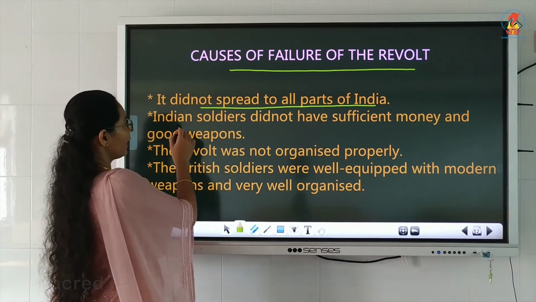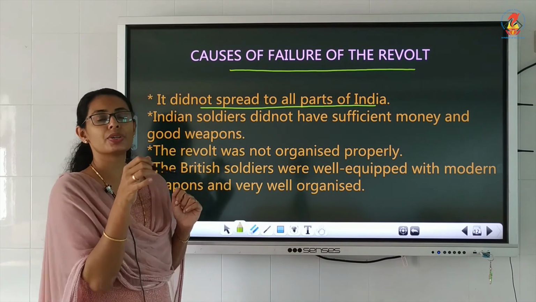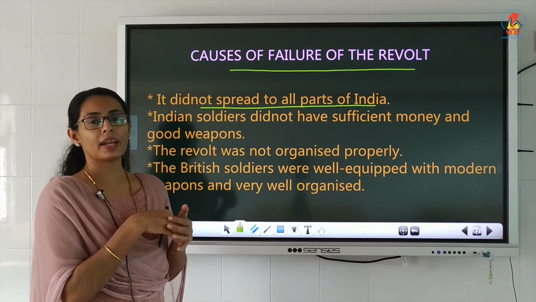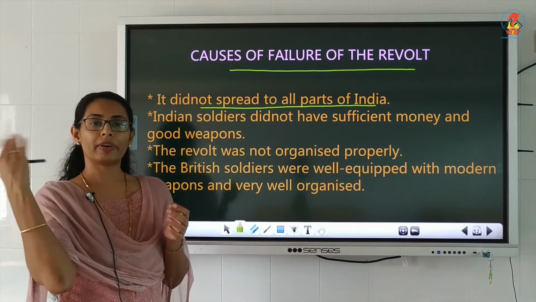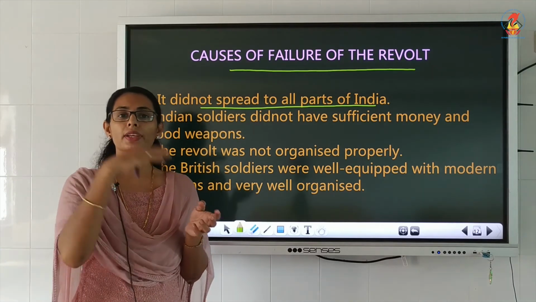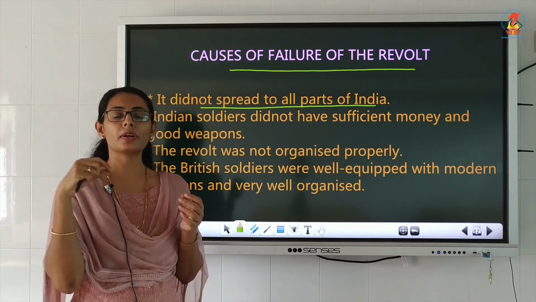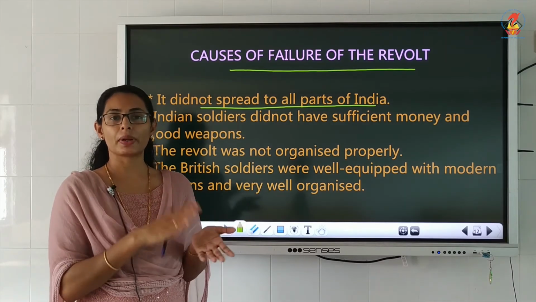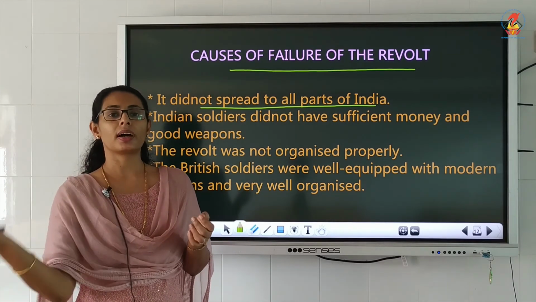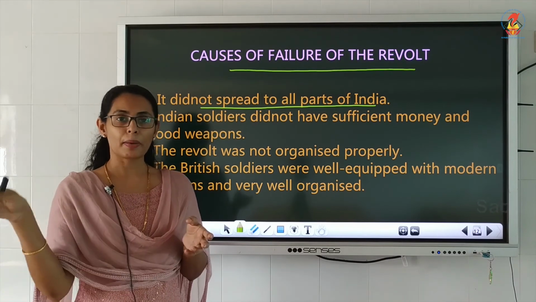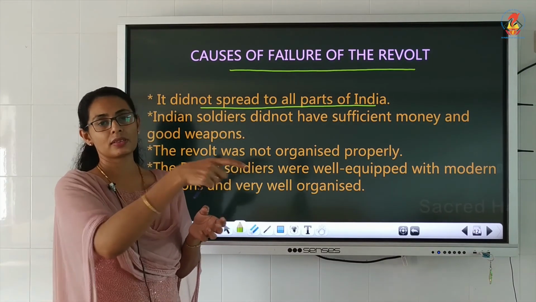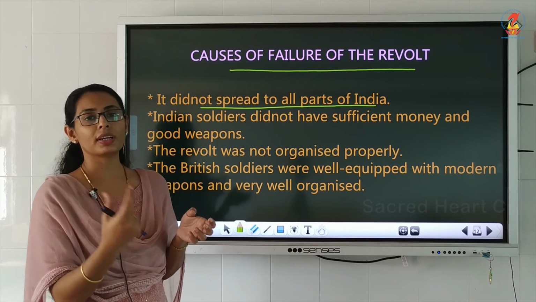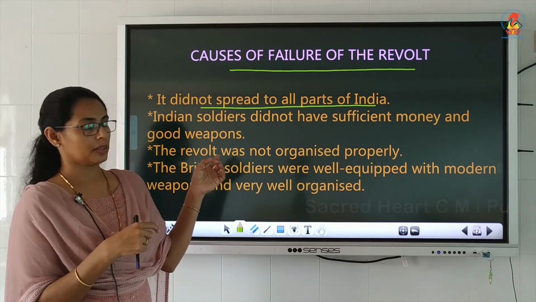So it was easy for the British to suppress, because it started in Meerut, and when it reached Kanpur, it took two months for Kanpur people to start protesting. So the British had almost suppressed Meerut, and they went to Kanpur and suppressed it there. Then another place. So in different parts, the revolt started at different times.